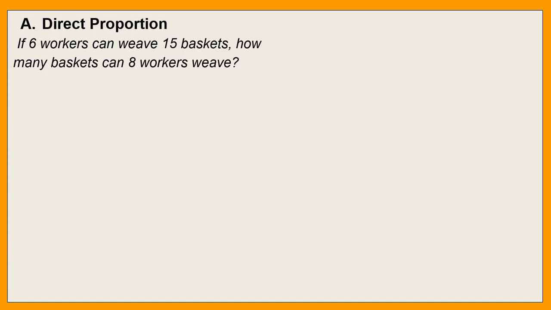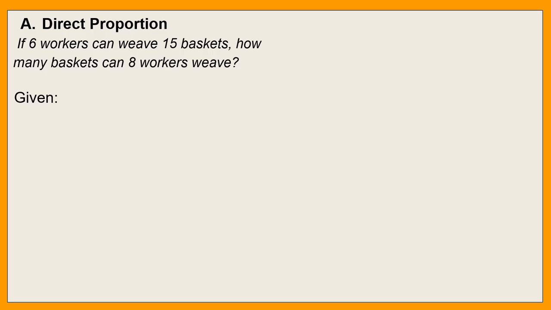Example, if 6 workers can weave 15 baskets, how many baskets can 8 workers weave? So, kung 6 ang workers, kaya nila ang 15 baskets. Kung 8 workers na, 15 baskets pa rin ba? Di ba dadami na yon? So, ito yung ibig sabihin ng direct proportion.